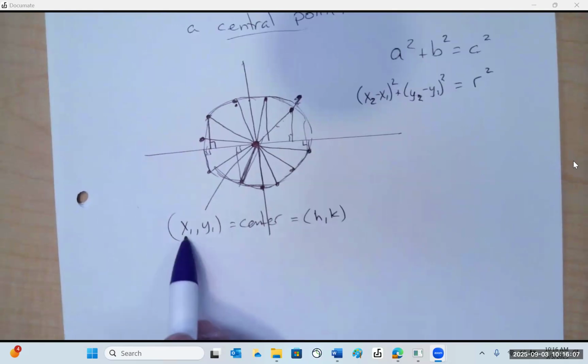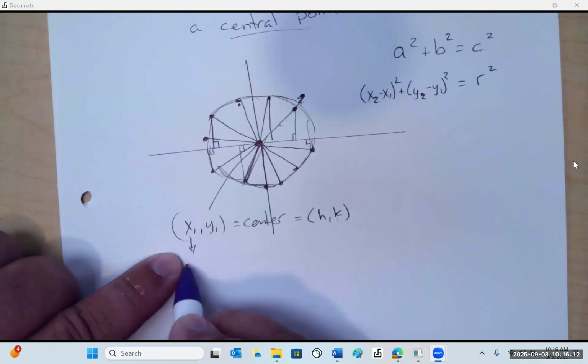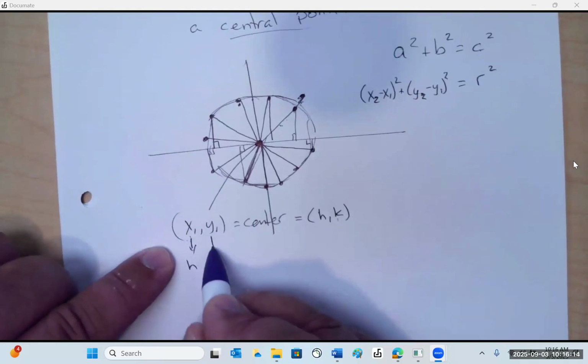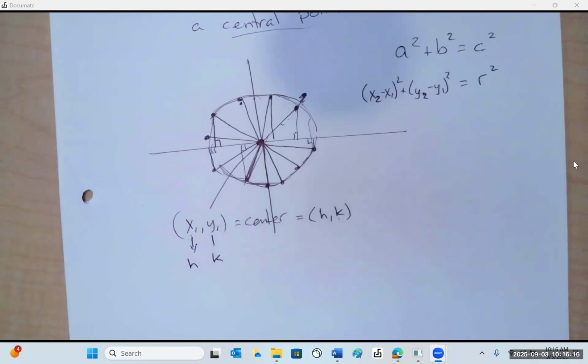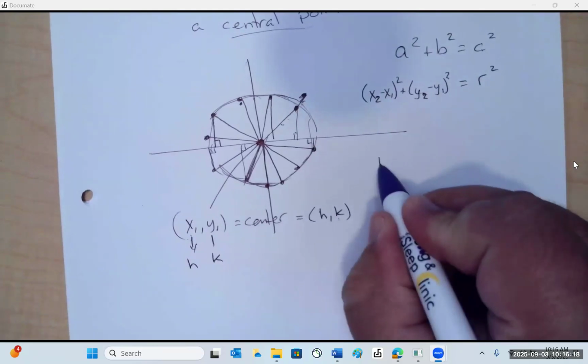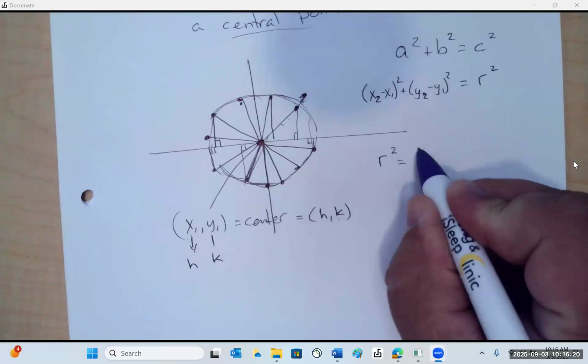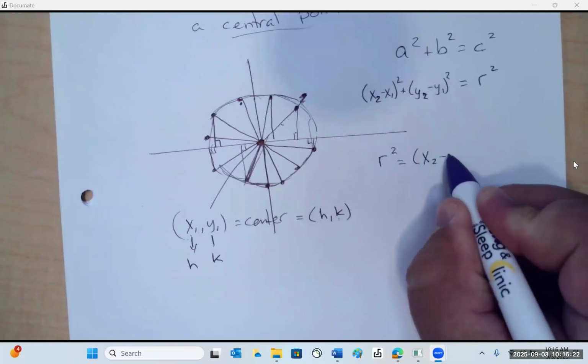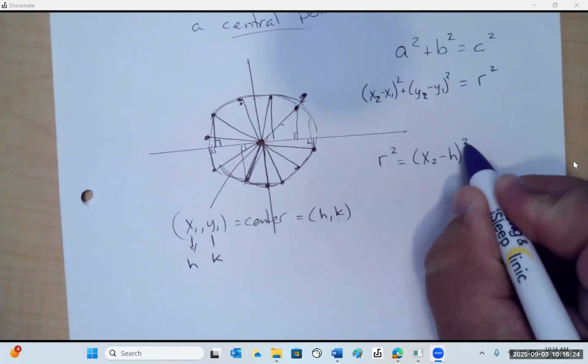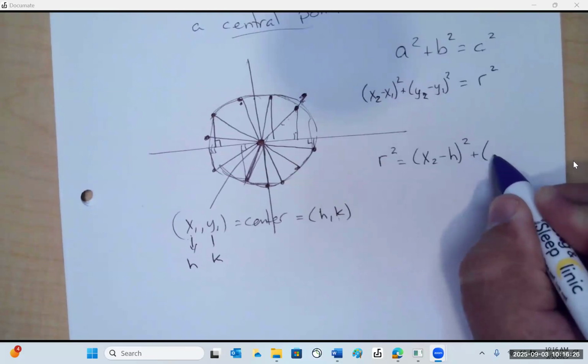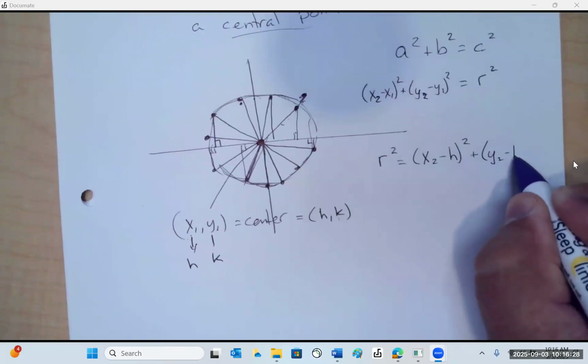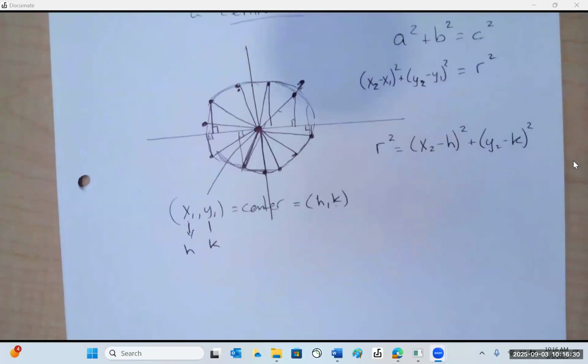Where h is my x value, k is my y value. So I have the radius squared equals x2 minus h squared plus y2 minus k squared.